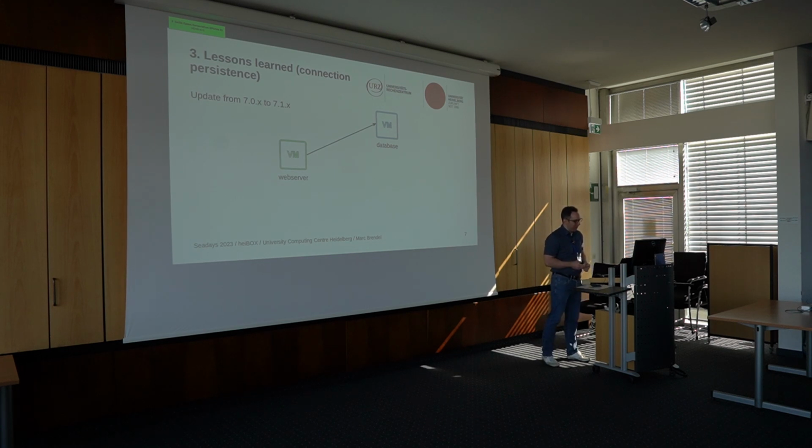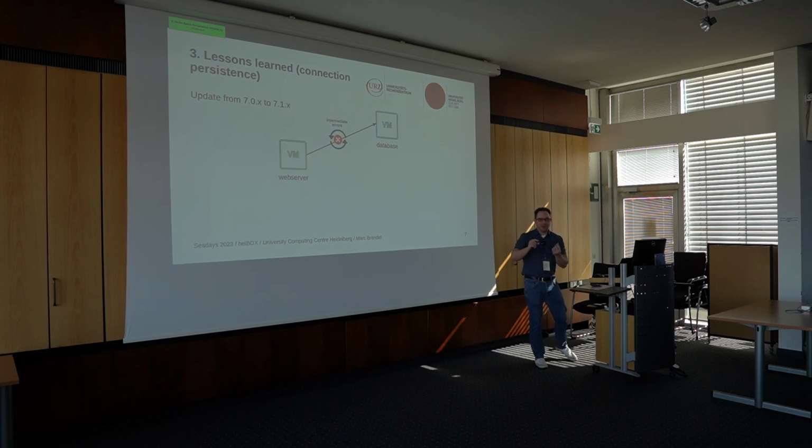We did an upgrade from 7.0 to 7.1, and we noticed all of a sudden that the connections between the web server and the database servers had some issues. At first, we only saw some logs, MySQL connection error, and then we were like, okay, what is this?